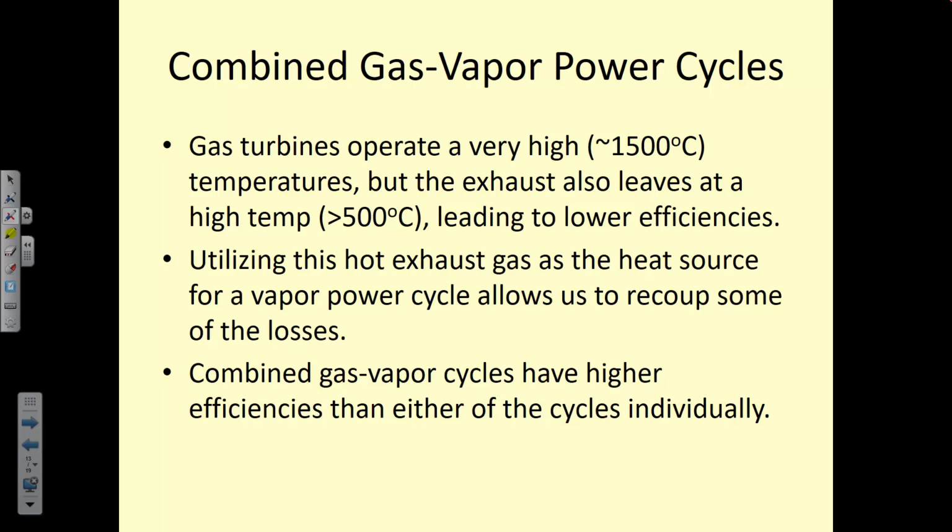But we can't do another gas turbine because 500 Celsius is too low really to operate a gas turbine. We have to use another working fluid. So combining air with water, we can operate over a very wide temperature range from 1500 Celsius, so it's like 1800 Kelvin, all the way down to 300 Kelvin.